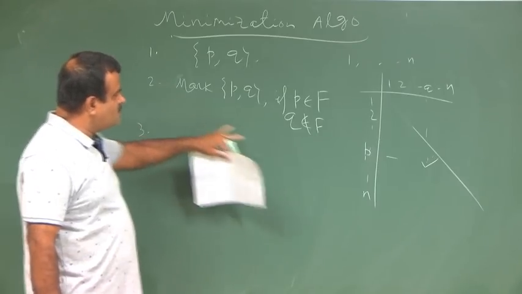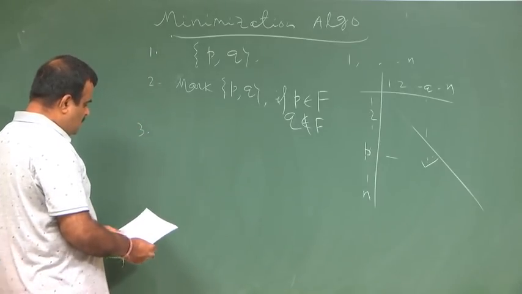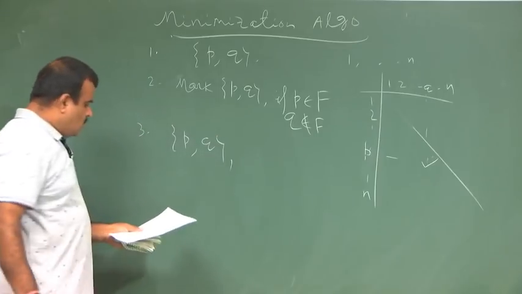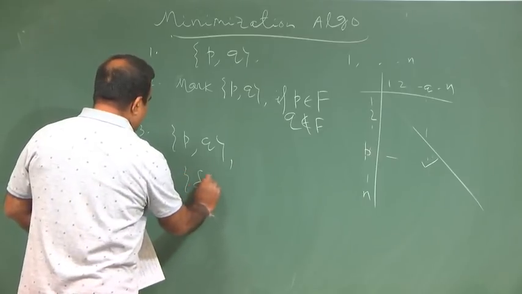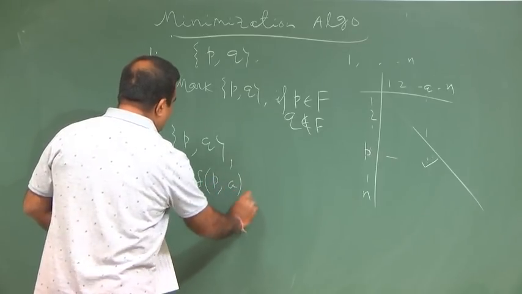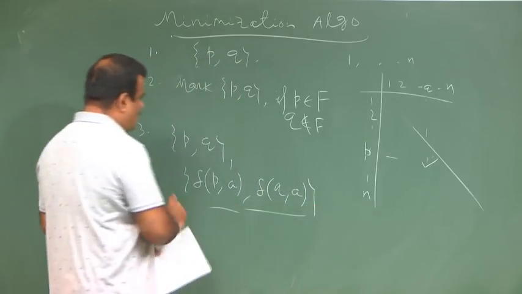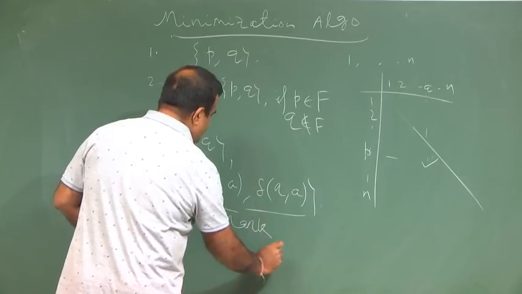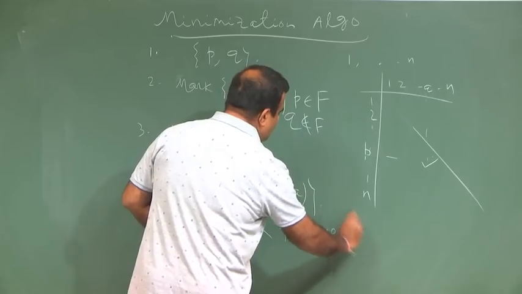In the second level, we will check the unmarked pairs. For an unmarked pair p, q, we will mark it if delta of p comma a and delta of q comma a are marked for some a, not for all a, for some a.